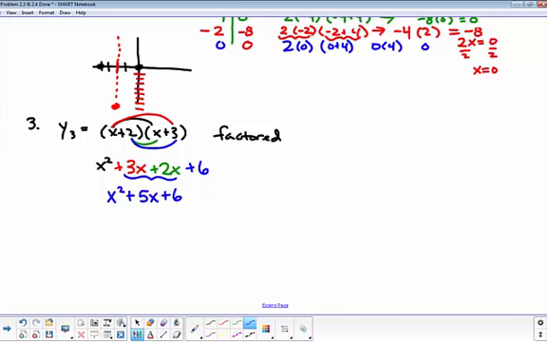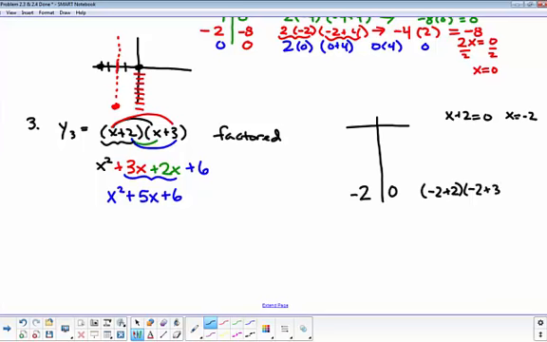So when you make your table, you always want to look at factored form to get your zeros. So our first 0 is what makes x plus 2 equal to 0. And that's at negative 2. So if I plug negative 2 into both x values, I get 0. Negative 2 plus 2 times negative 2 plus 3.